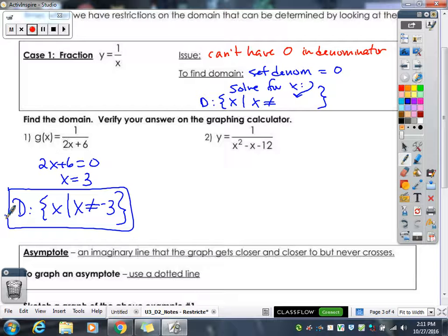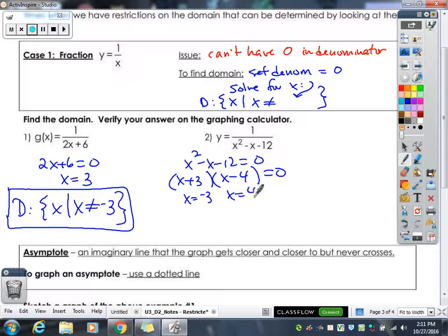Number 2, notice it's a parabola. We're going to take the quadratic x squared minus x minus 12 is equal to 0. Solving a quadratic means we factor it next. We have x plus 3, x minus 4, and we get the 2 roots of negative 3 and positive 4.